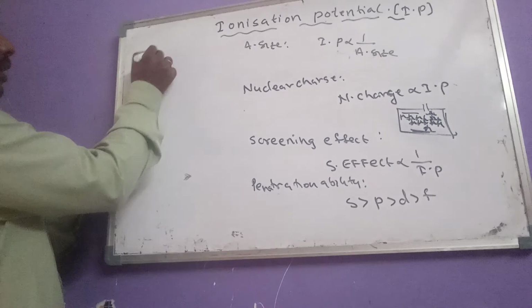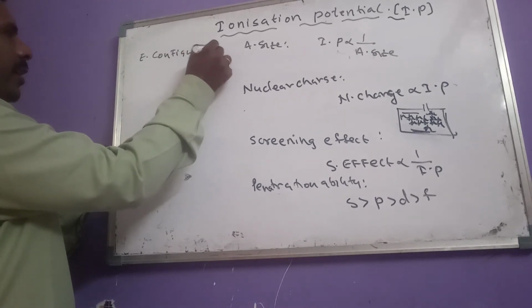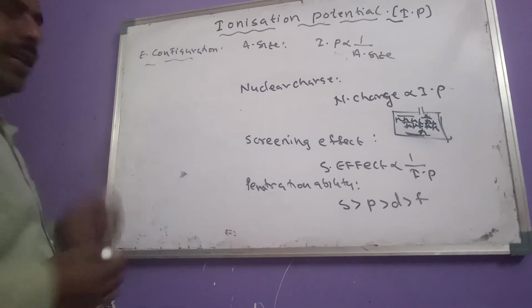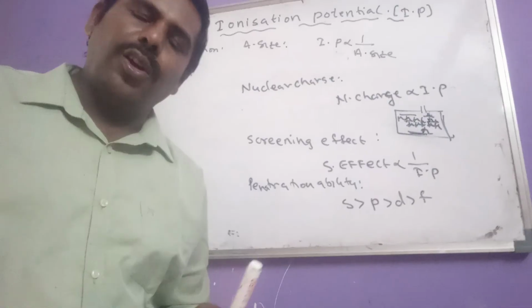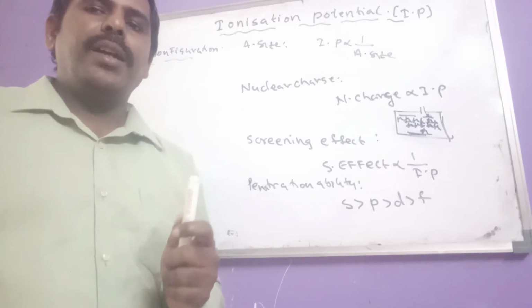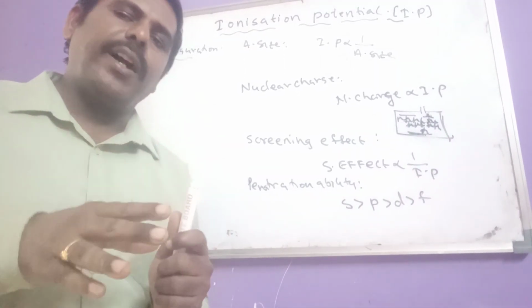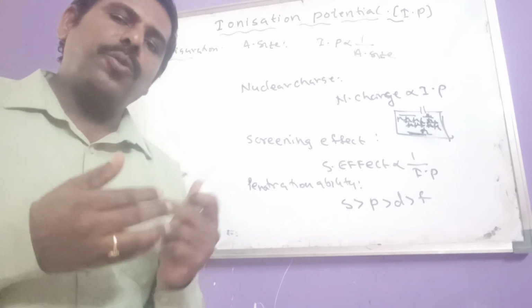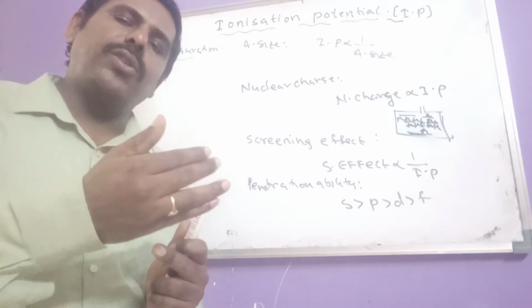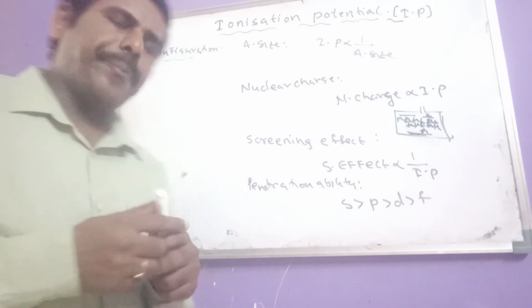So what is the effect of electronic configuration? Let us see here. We know that half filled and fully filled configurations have extra stability. That means if you want to remove an electron from such configurations, we have to provide somewhat extra heat energy. For example, chromium.